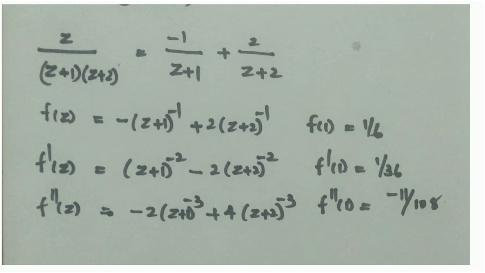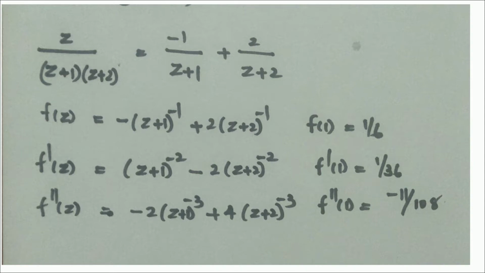Next, f2 dash z. The derivative of the first term is minus 2 into (z plus 1) raised to minus 3. The derivative of the second term is minus 2 into (z plus 2) raised to minus 3. Minus 2 into minus 2 becomes plus 4. So f2 dash z is minus 2 into (z plus 1) raised to minus 3 plus 4 into (z plus 2) raised to minus 3.